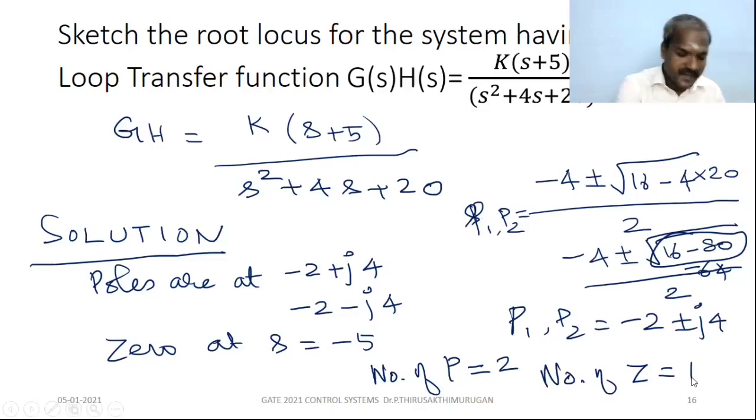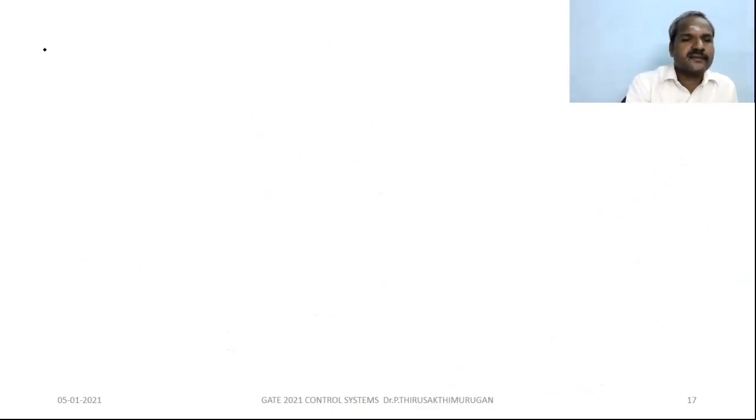So can you tell me, my dear student friends, what is the number of branches of the root loci? How many branches are there? Anybody? Any idea? So the number of branches in the RLD is 2. Since the number of poles equals 2, the number of branches in the system is also 2.